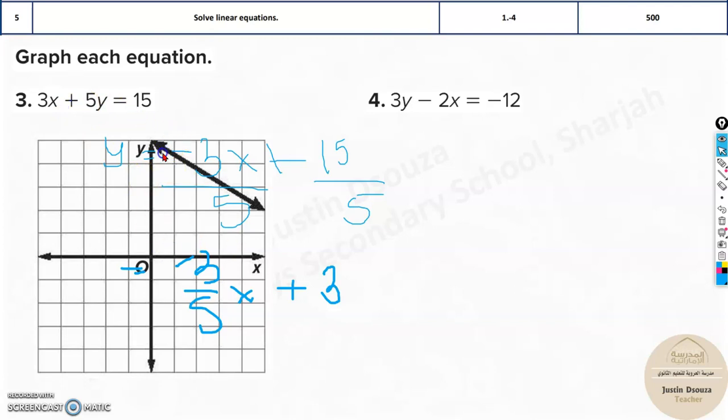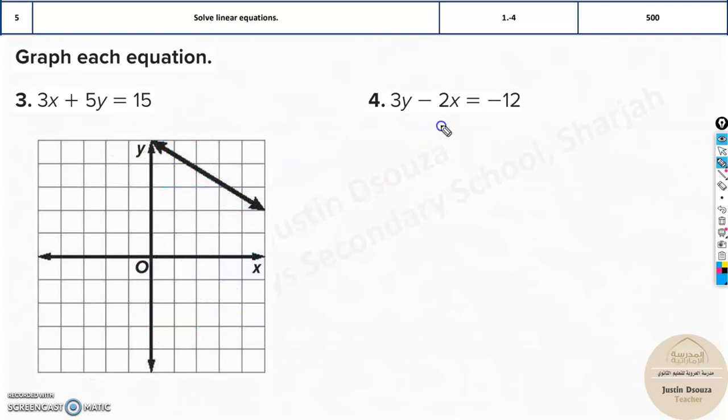No. It might be just the units. Let me count 1, 2, 3. So this is not at 3, it's at 5. The scale is different over here, so that's why it's up. But nonetheless, it's minus 3 by 5, it's going downwards, and the intercept will be 3 over here. 15 divided by 5, it's 3.